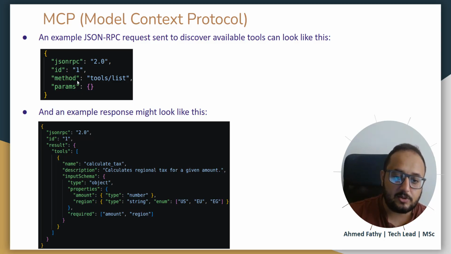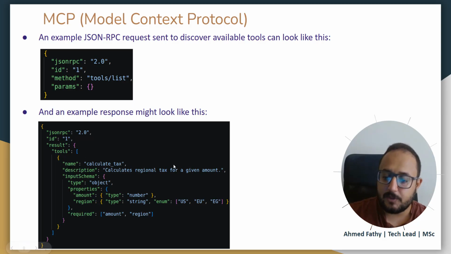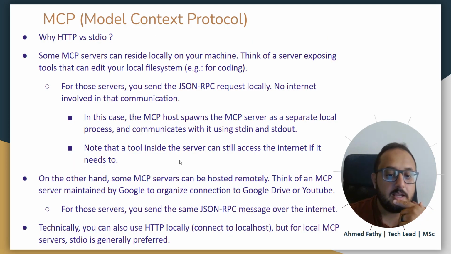So for this ID, ID 1, this is a response for this request, and this is the result, and those are the tools that I have. Here it only has one tool called calculate tax. You have a description for this tool, and then you have the inputs to this tool, amount and region, and both are required, right?